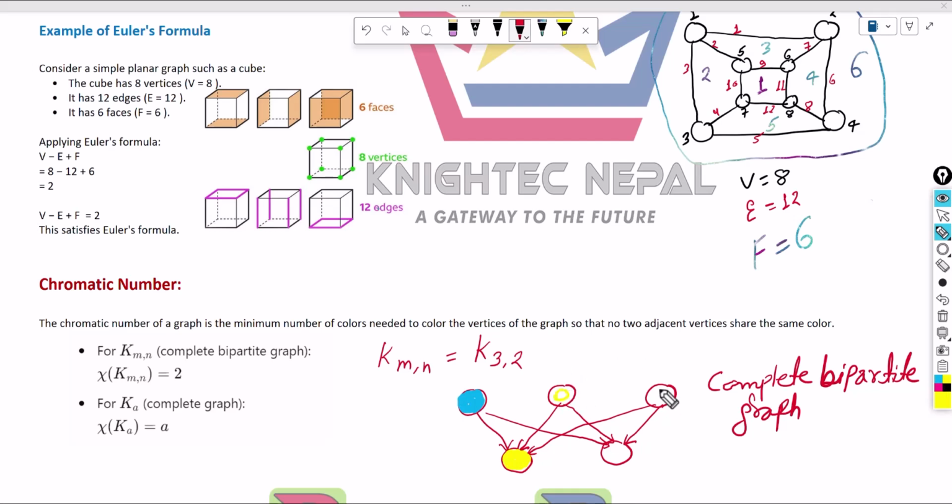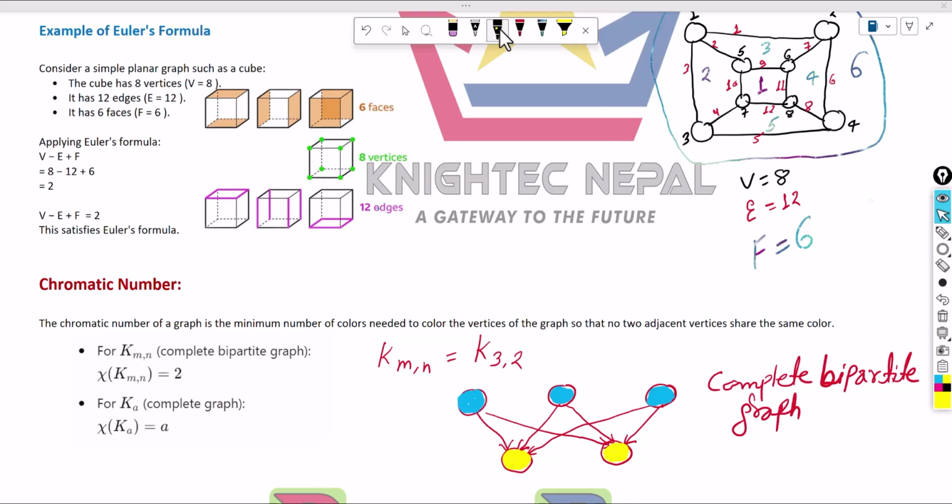So I can only fill this as a blue color and this as a blue color, right? So this blue. So we just finished the demonstration of the chromatic number of a complete bipartite graph.